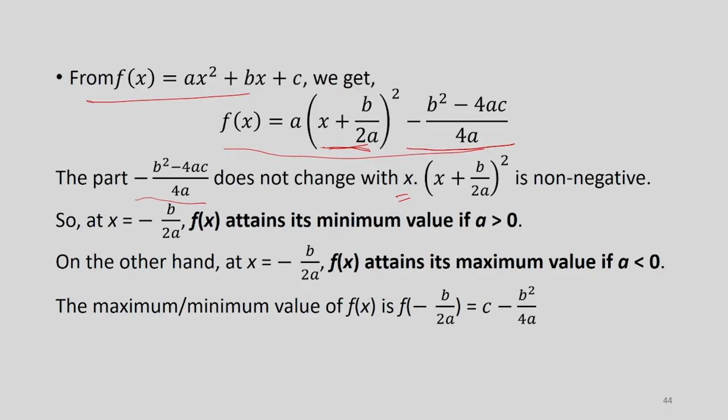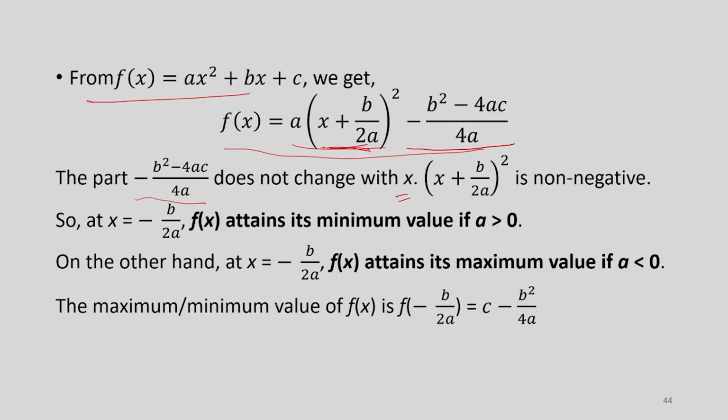Why am I saying that? Because if a is positive, then this entire first term is non-negative. So, this first term becomes 0, that is its least value, if x is equal to −b/2a. That is why I have said that f(x) attains its minimum if a is greater than 0.